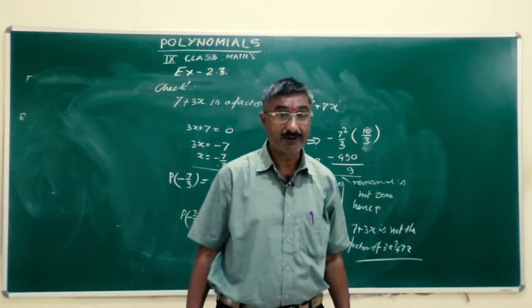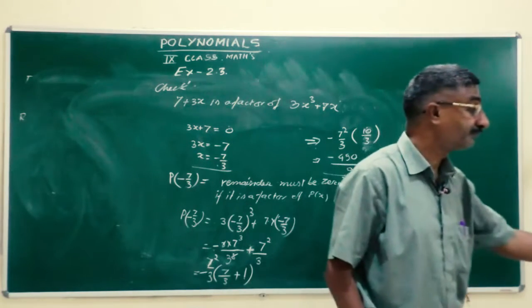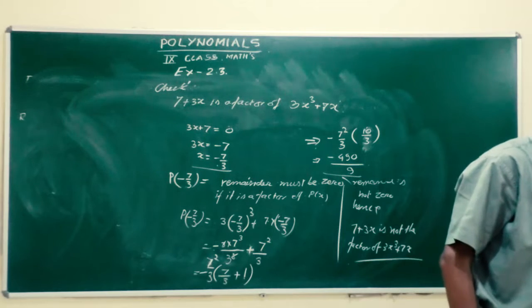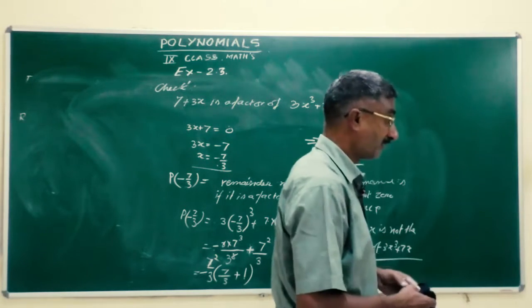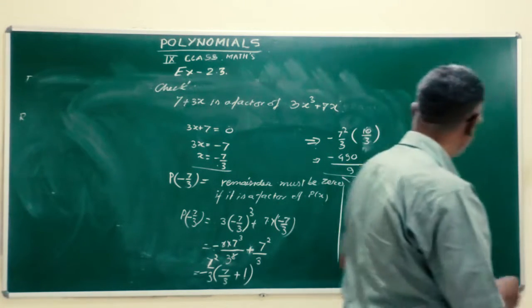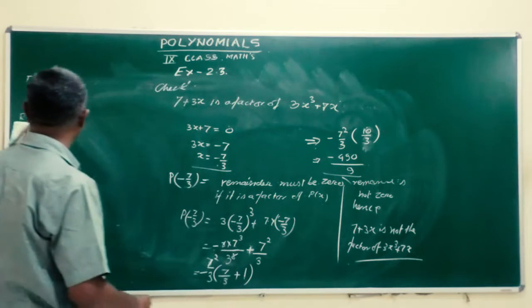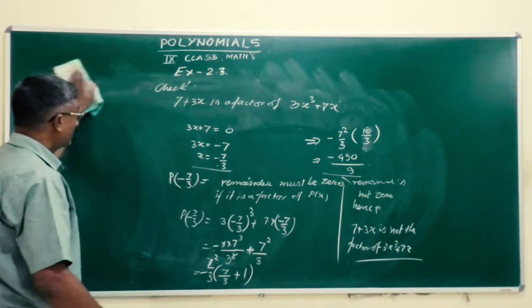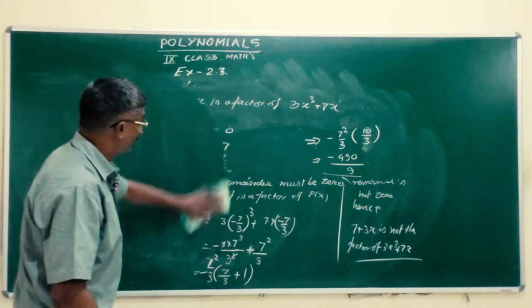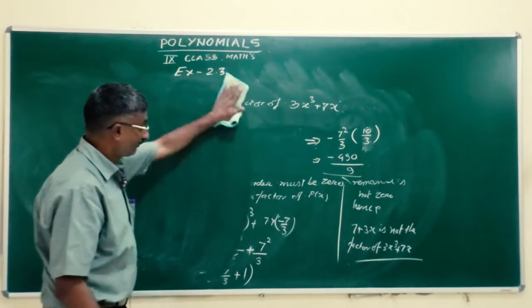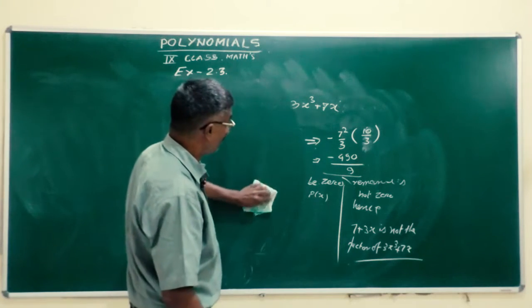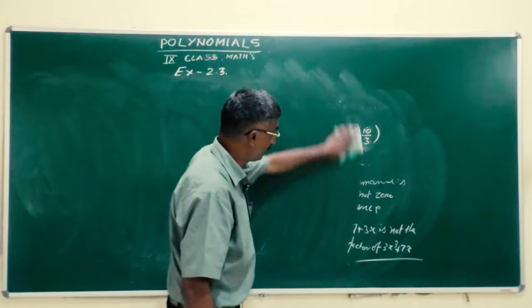Exercise 2.3 of the polynomial is done. Next is factorization of polynomials, the next topic, in which we will read the theorem for factorization, and it is a very simple theorem.